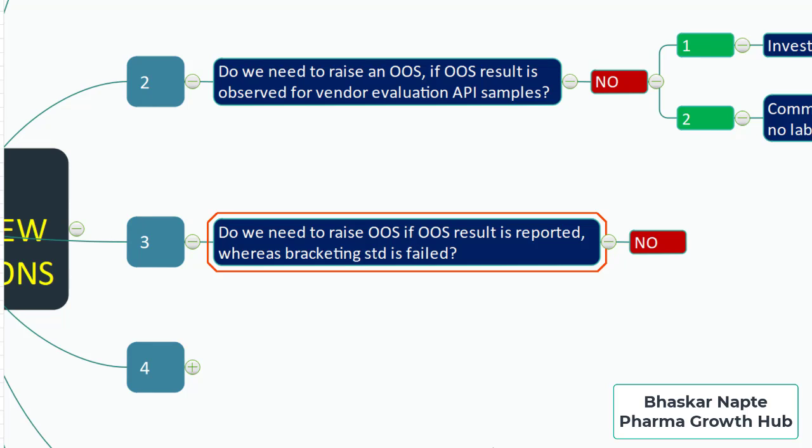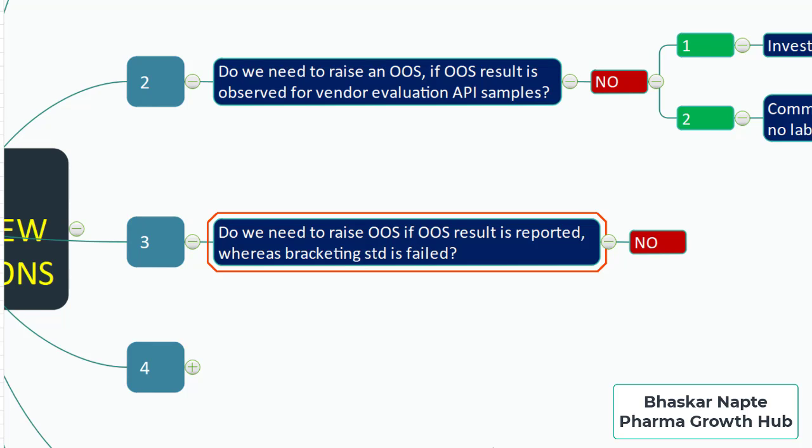You can say my system was not suitable during the analysis, and hence whatever results I generated are not valid. And if the results are not valid, I must not report them at all. There is no reason why I must report the assay result for either the failed batch or the passed batch, isn't it?